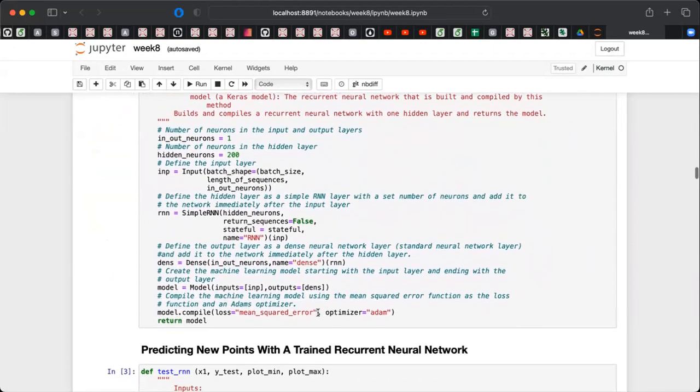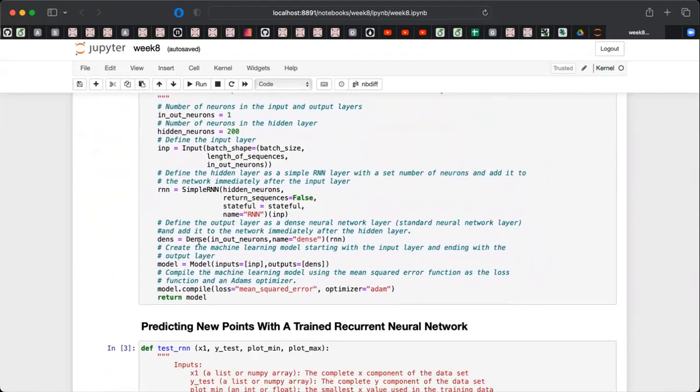I specify later here the type of network which I want. I give the model inputs, and then I use the mean squared error, which is the cost function I want to optimize, and then I have Adam as an optimizer.